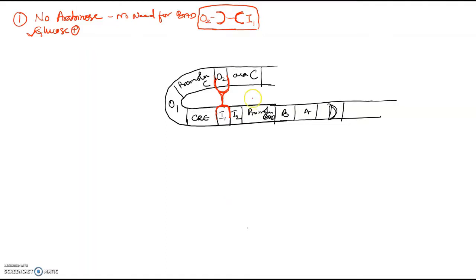Now the disadvantage of this bend is the RNA polymerase cannot bind here because of this bend. So when it cannot bind, transcription will stop.